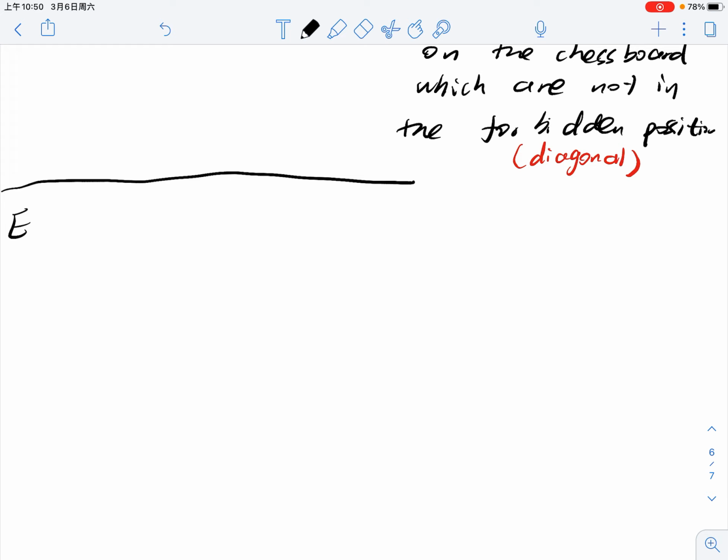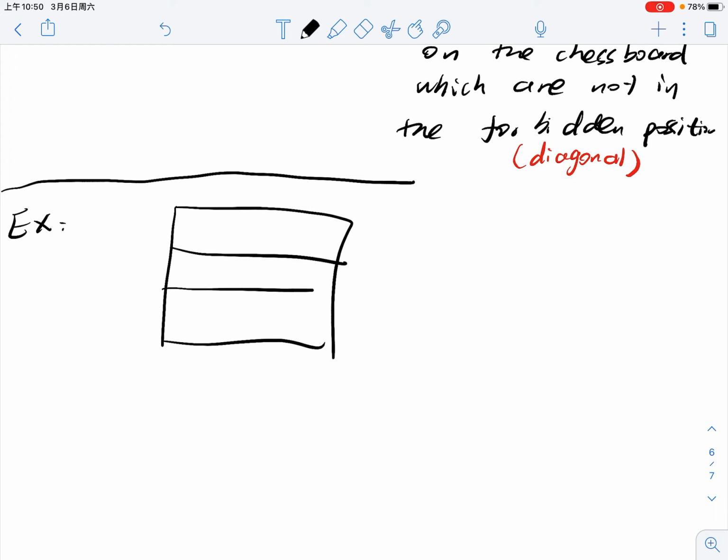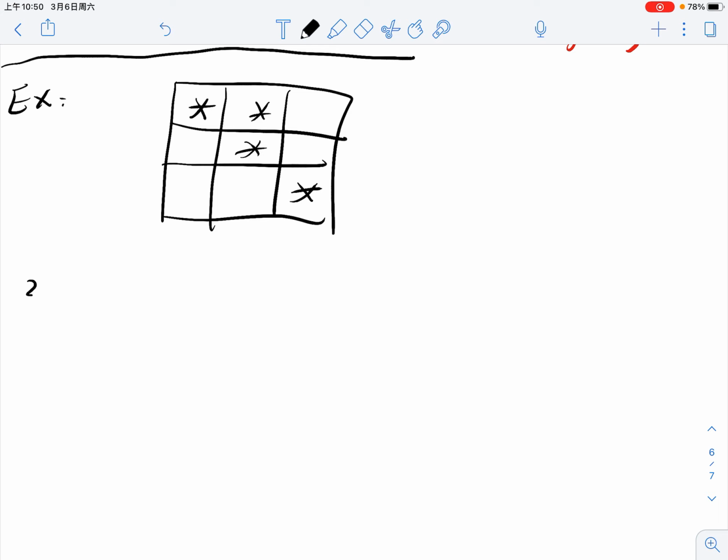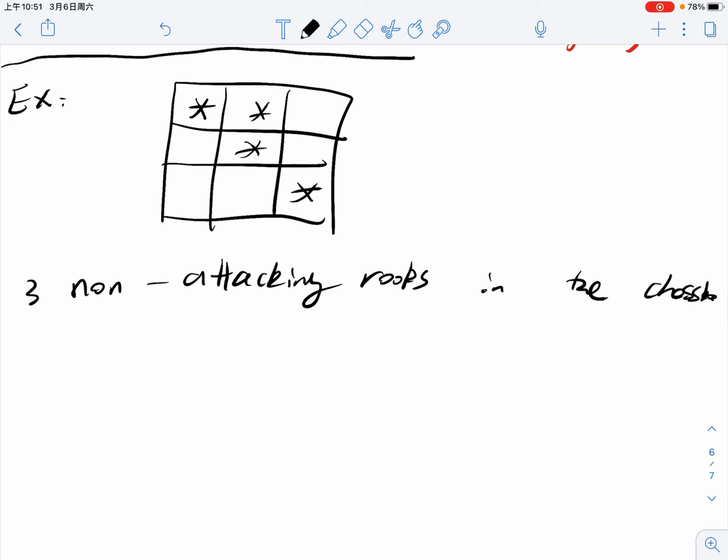For example, you can put it in this way and ask how to place 3 non-attacking rooks in the chessboard with forbidden positions.